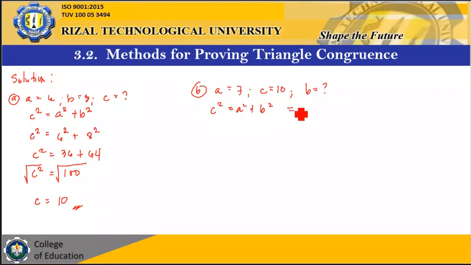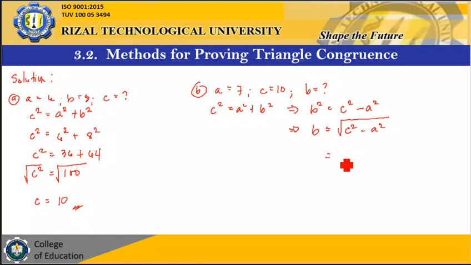We subtract both sides of the equation by a squared, so b squared is equal to c squared minus a squared. Applying our square root property, b is equal to the square root of c squared minus a squared. This formula will be used to find the length of b.